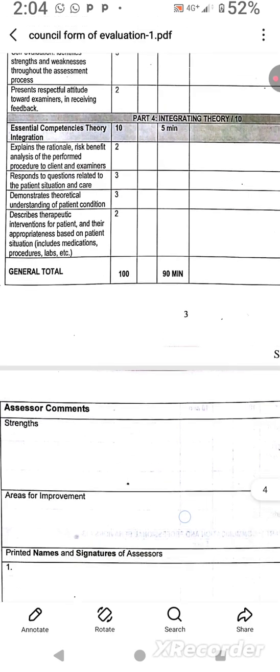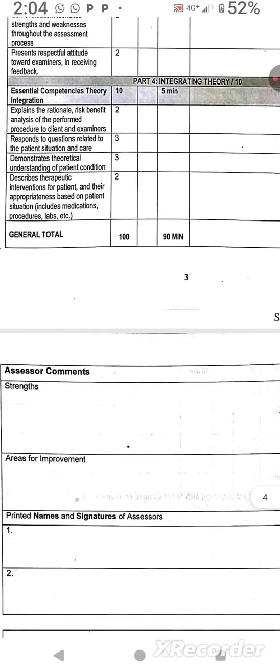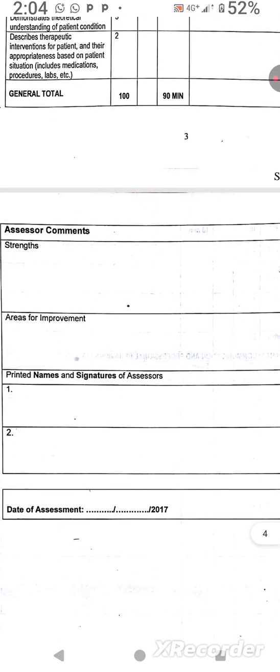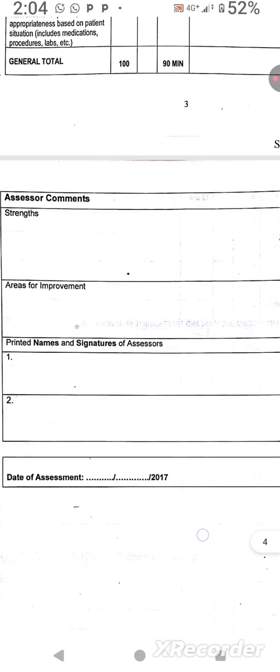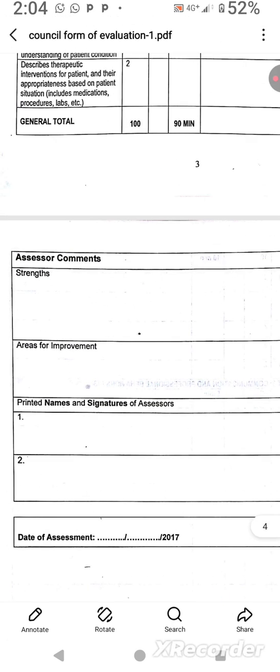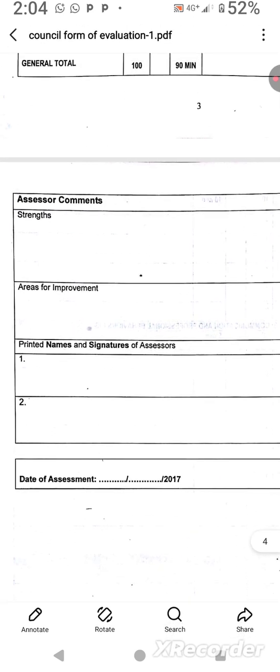Then describe the therapeutic intervention of a patient in the appropriate situation, including medication, procedures, and laboratory investigation. The exam is out of 100 marks and should be done in 90 minutes.